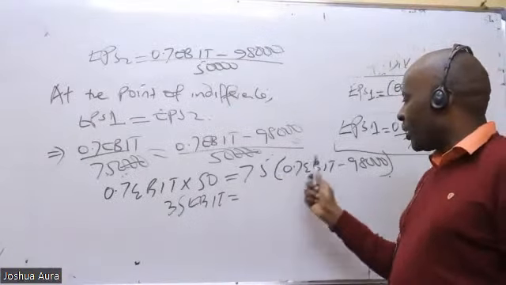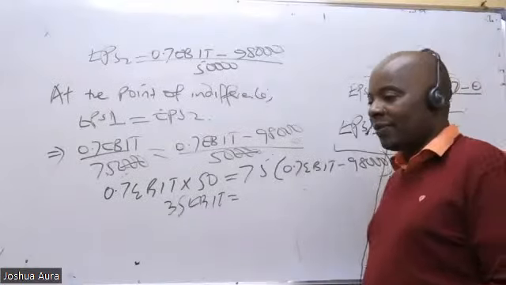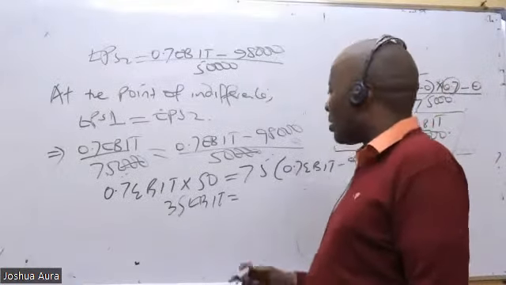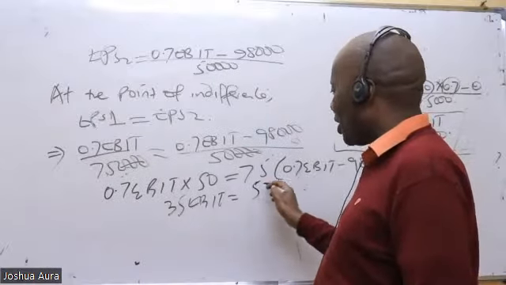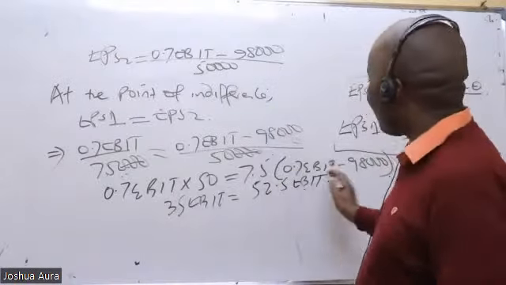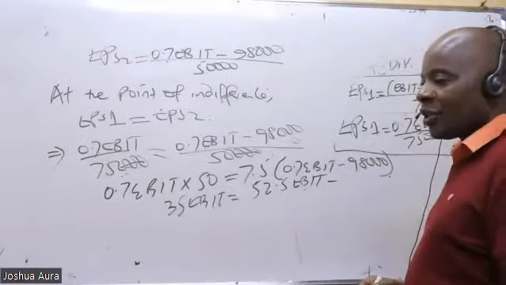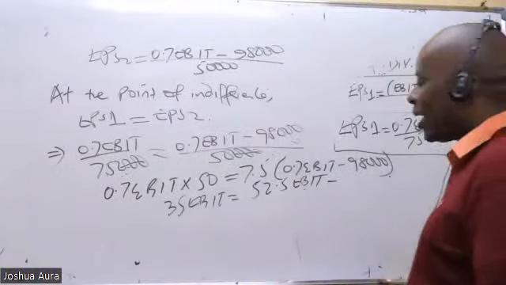What is 75 times 0.7 EBIT? 75 times 0.7, 52.5. 52.5 EBIT. Minus, what is 75 times this 98,000?